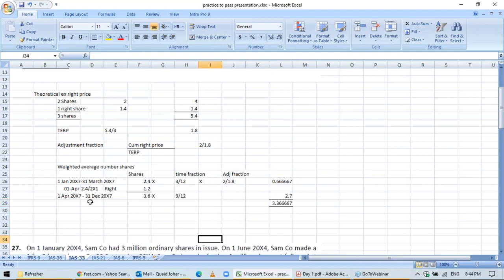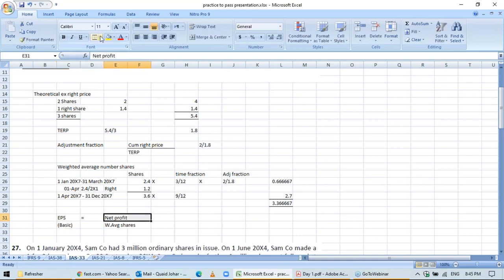Now the earnings per share: EPS is the net profit attributable to the ordinary shareholders divided by the weighted average shares. This is the basic EPS. Let's calculate it.